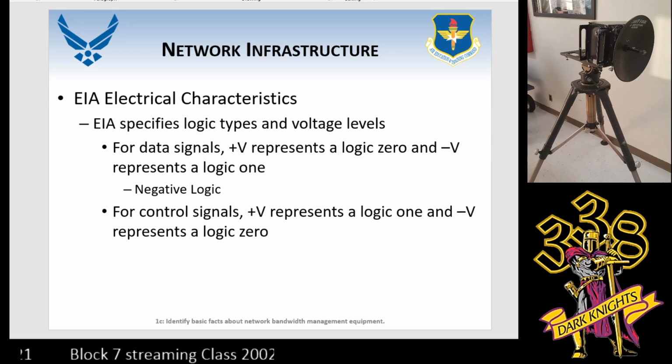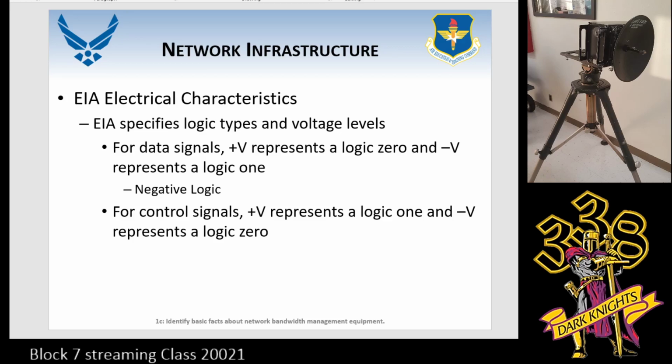Am I right? Yes, sir. So whenever it says negative logic for data signals, it means just that. They're inversely proportional to each other. So positive voltage is represented by a logic 0, whereas you would typically think it would be represented by a logic 1 because it's positive, but it's the inverse for data signals.